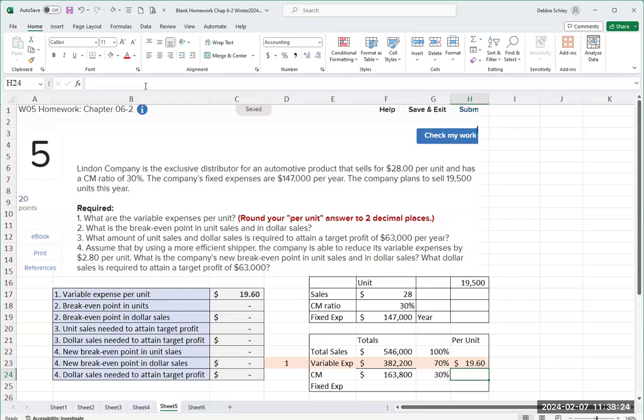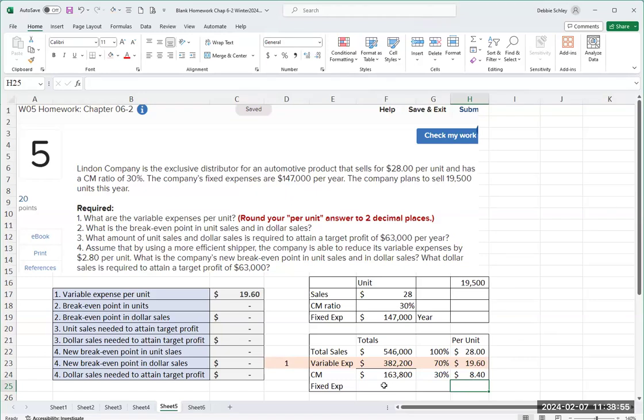And I still have that $19.60. So yeah, lots of ways to get to that one. Hopefully I didn't confuse you too much. So again, my selling price per unit is this. And then my contribution margin per unit is going to be selling price minus variable expenses equals that.